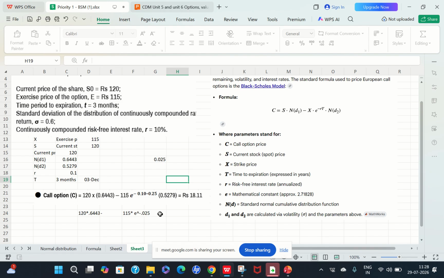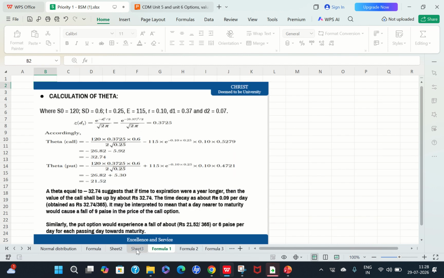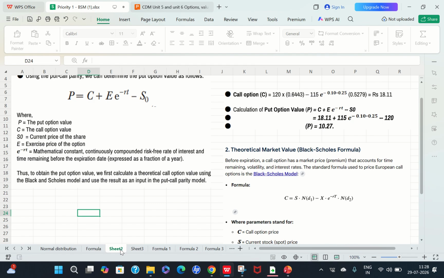And then multiplied again. What is N(d2)? D2 is again, we have the figures here, 0.5279. The value of e to the power of minus RT will be given in the question paper. On substituting that, you will get a value of 8.11.